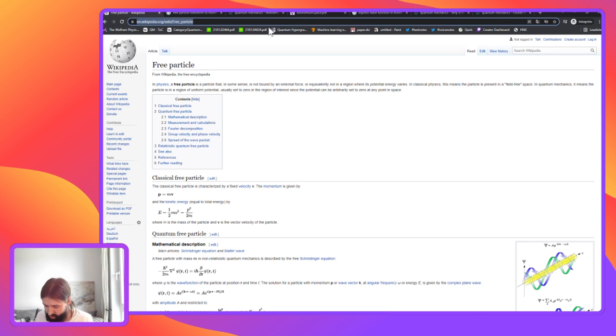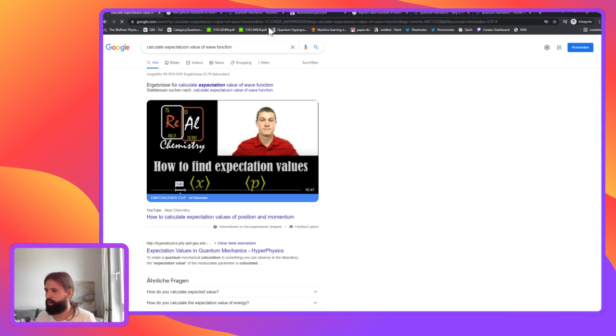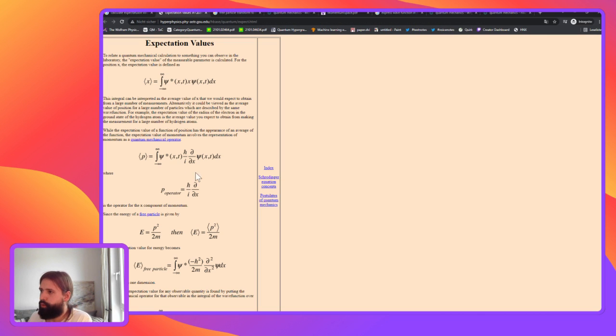So basically, calculate expectation value of wave function. Okay, so it's a formula. So it's an integral, from the probability density function. So you do an integration.